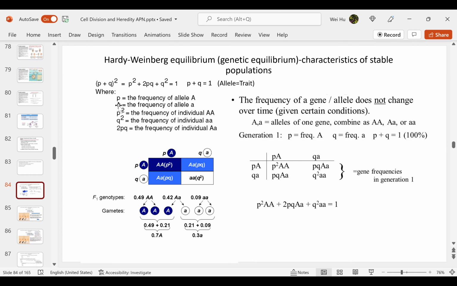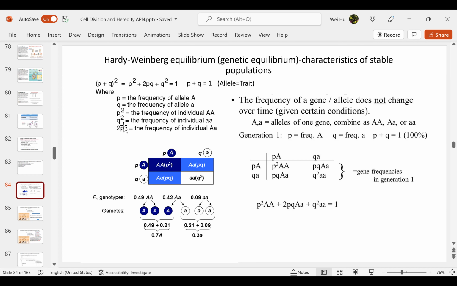But what's the difference between P and Q versus P squared, Q squared, and 2PQ? You can imagine that in your germ cells, you only have 1 allele because you don't have a pair anymore, correct? So P and Q are the percentages in your germ cells. But your body cells must be diploid, so they have 2 alleles. Got it?